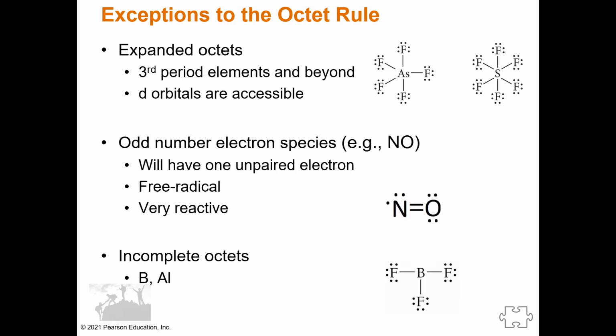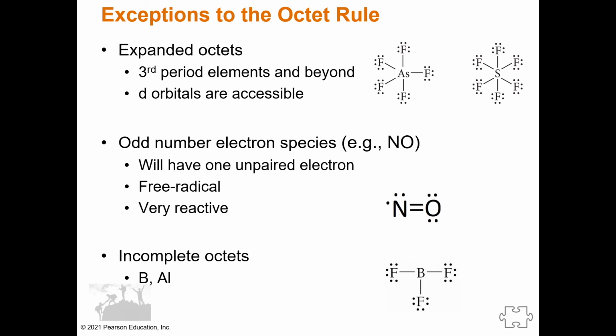Remember about the exceptions to the octet rule. For elements found in the third row of the periodic table and below, they would have enough empty d orbitals to have more than 8 electrons in the valence shell.